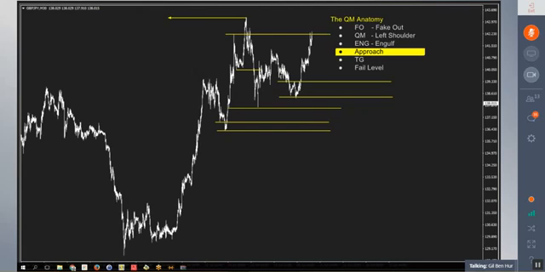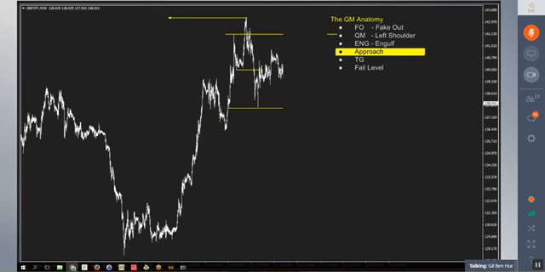So now, because of this approach, we need to remember that a few slides ago, before we had the approach, we had our Quasimodo, and this was actually the target. This is one target, and this is the final target for this Quasimodo, and maybe it can turn out to be a swing and go all the way down or even more.